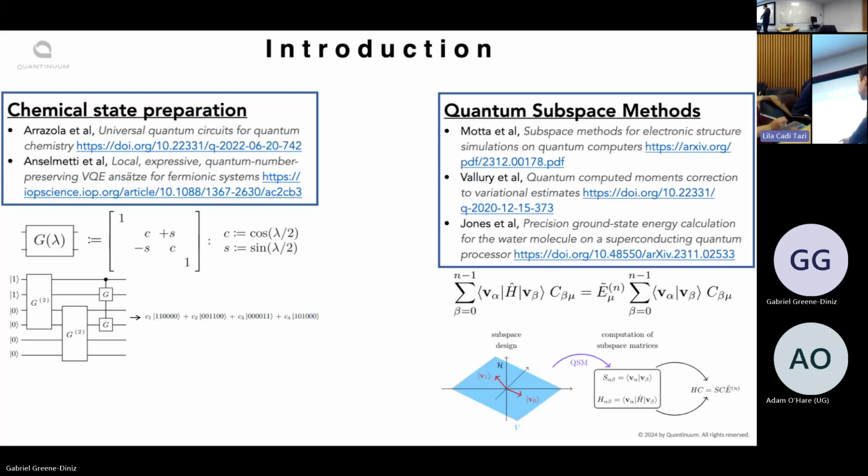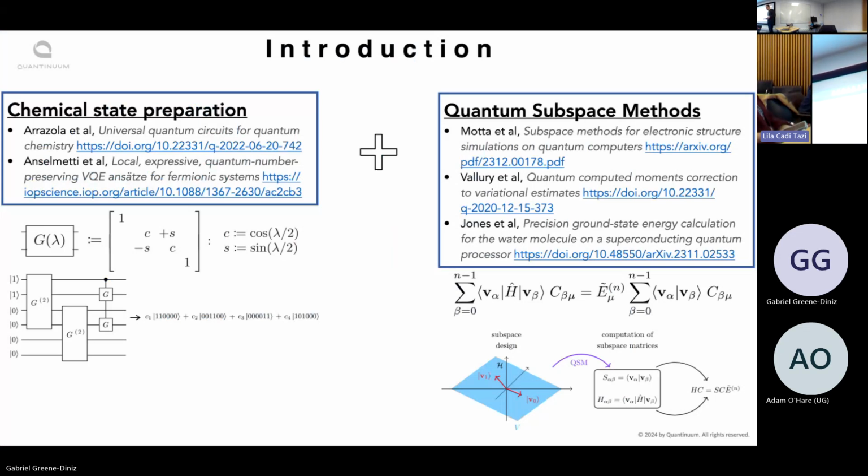And the other part I'll talk about is quantum subspace methods, and these two things can be combined together because many quantum subspace methods like a good initial state preparation. And the chemical state preparation I'm going to talk about feeds into that in a nice way.